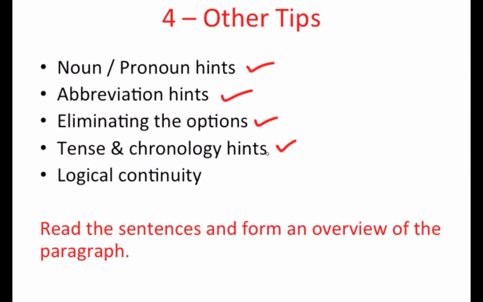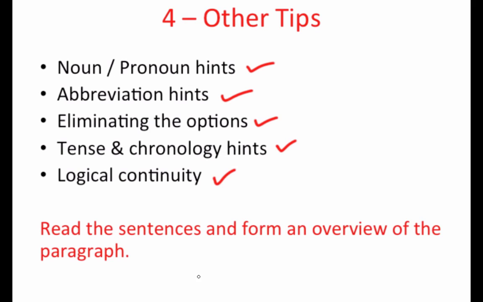That chronology of events can also give you a correct order. There is also logical continuity, which you should look for. Let's say the paragraph is talking about a match between India and Pakistan, then the statement which talks about the result of the match will typically be towards the end.